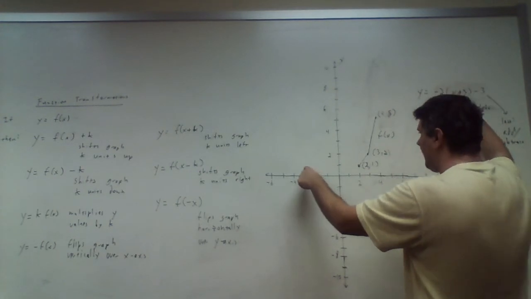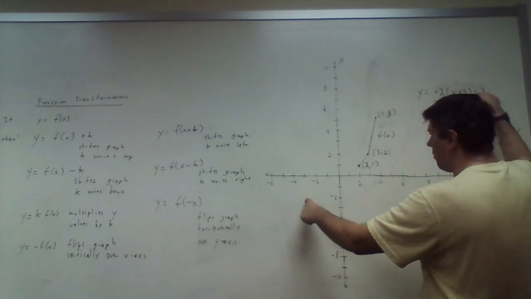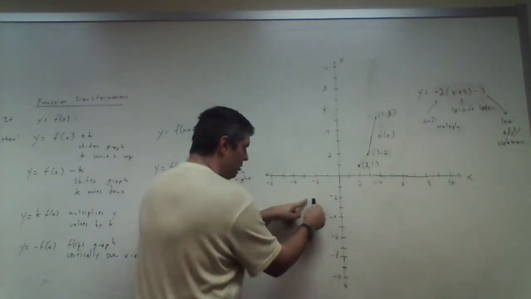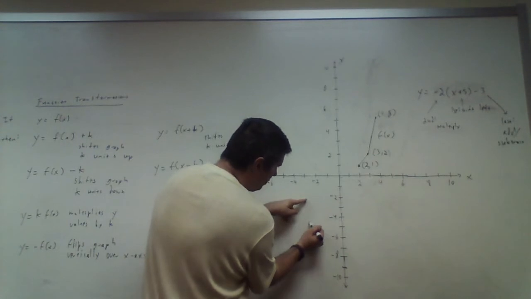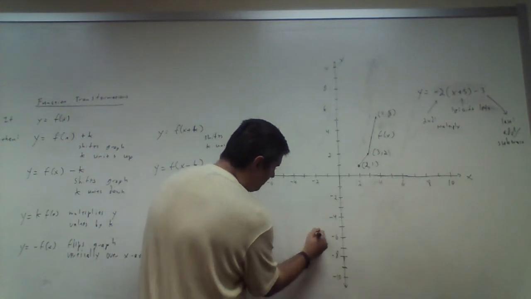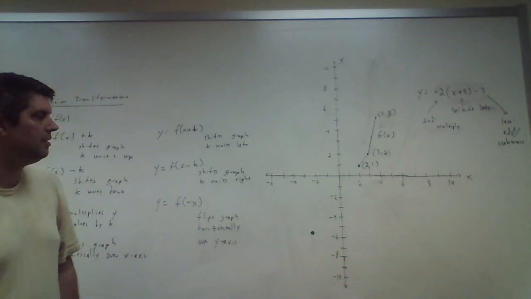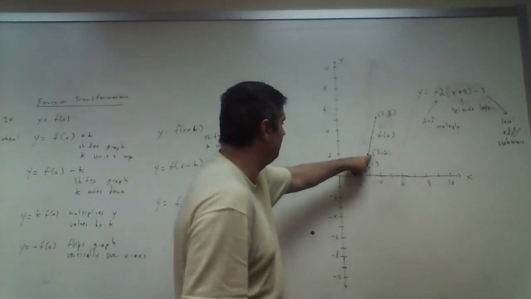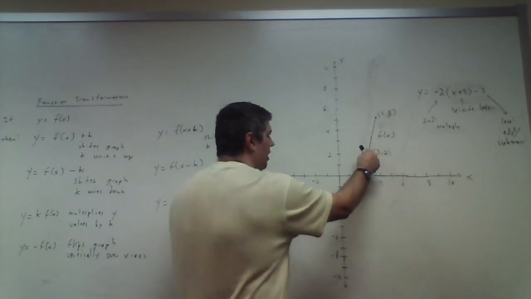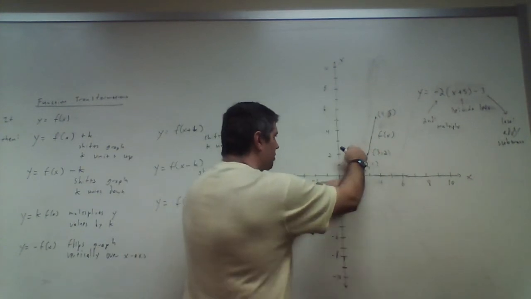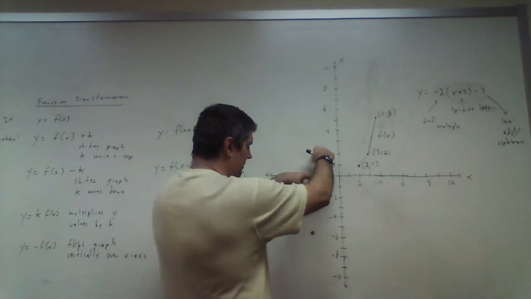So 1 times negative 2 is negative 2. And then we're going to take away 3 more. We're going to go down 1, 2, 3 units. The second point, we're going to shift left 5 units.